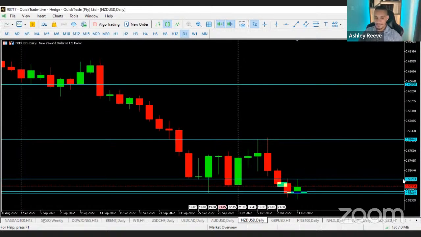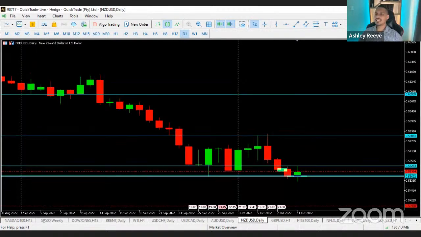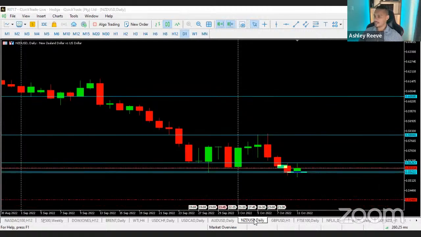Are you with me there? A nice cleaner entry. You can get in now if you'd like, but remember, we're trying to accommodate everybody. All right, 53900 is the exit. GBP USD was moving down very nicely as well.